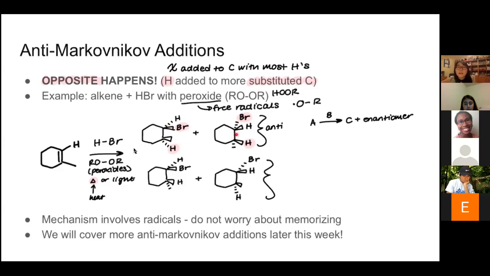So they're adding to opposite sides. This is anti-addition. We can go down to the bottom, look at the Br and the H again. This time we're going to see they're either both wedges or both dashes. So these are syn.